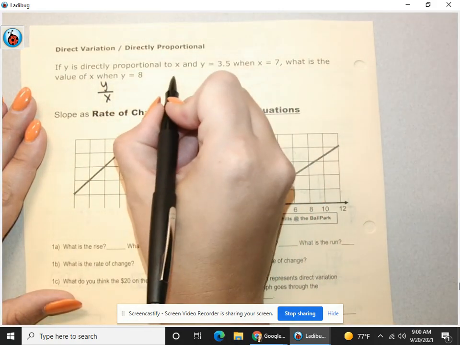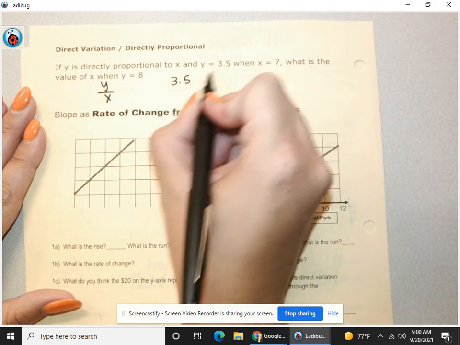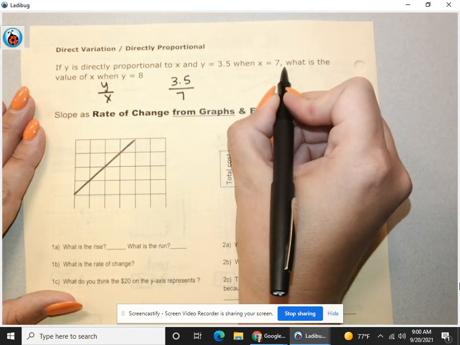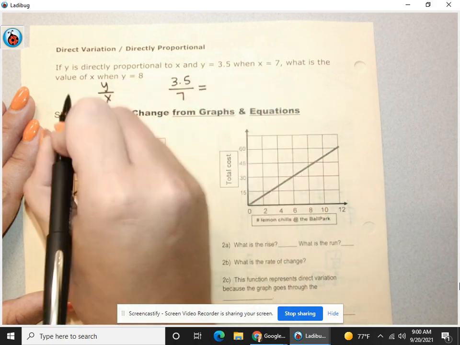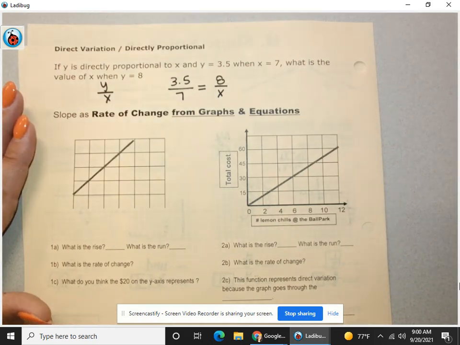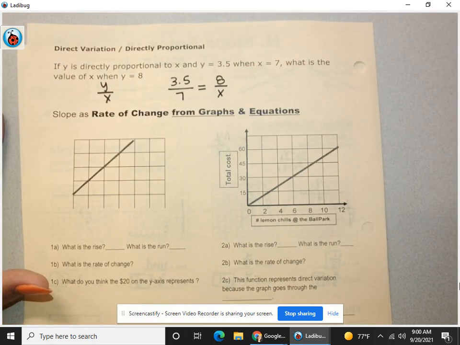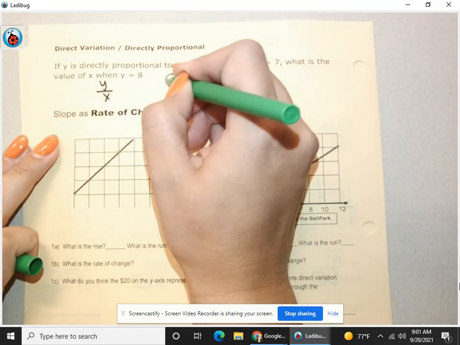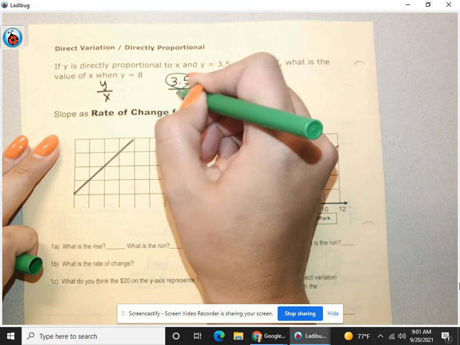So I can say that 3.5 my y over my x is equal to my 8 over my x. Okay, and you've done this before. We just don't call it the same method because directly proportional is the method that we use. But y'all know it as the butterfly. So you multiply here and you multiply here.